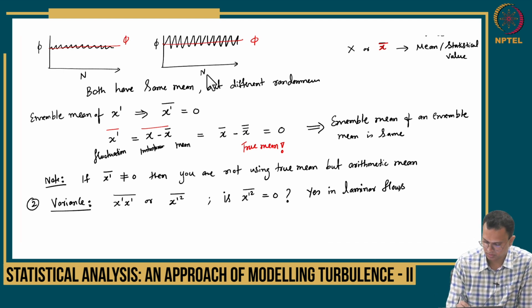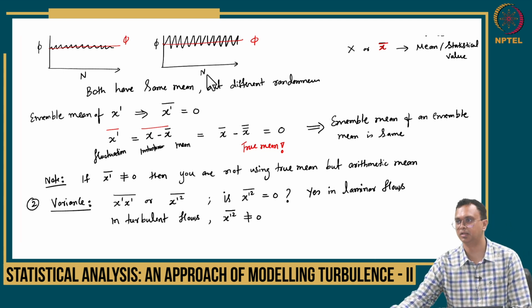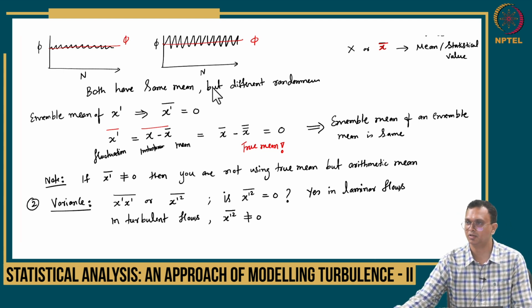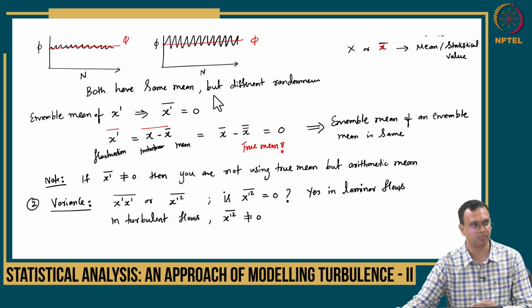In turbulent flows it's not. In fact, it becomes a very important parameter to know the extent of turbulence, how strong or weak my turbulence is, right? I cannot know only from x prime. I use the variance to know how strong or weak.